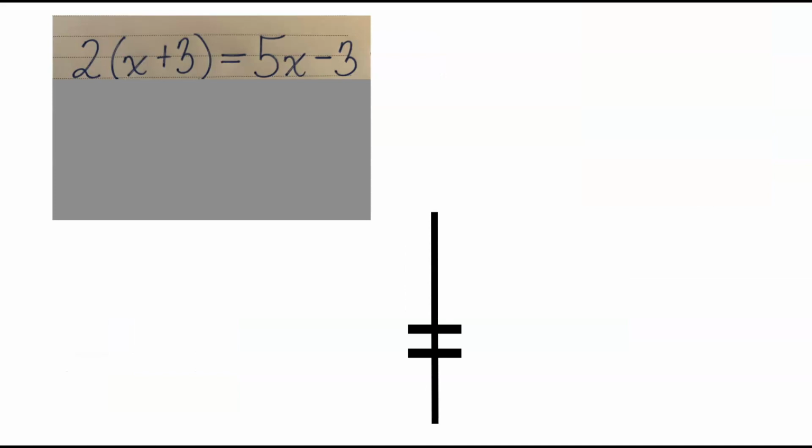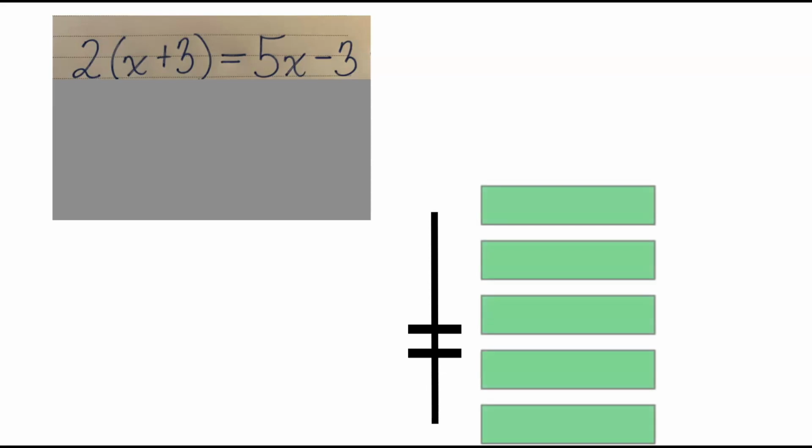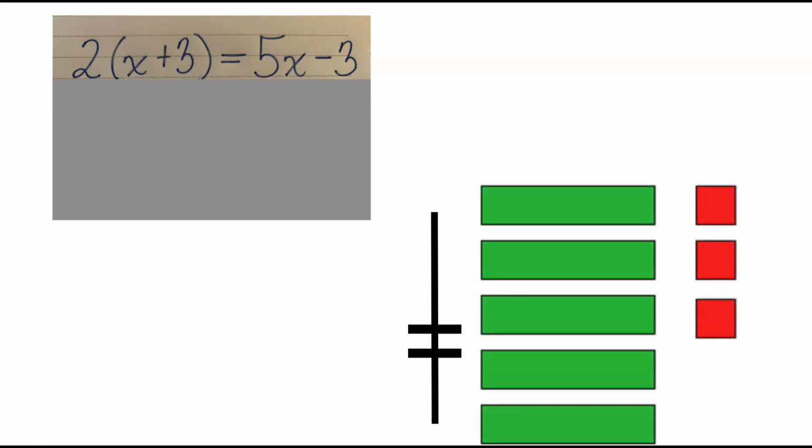Here you can still use algebra tiles to model the distributive property. I'm going to begin by building the right-hand side because it's already simplified. So here's my 5x minus 3. On the left-hand side, I have 2 groups of x plus 3.